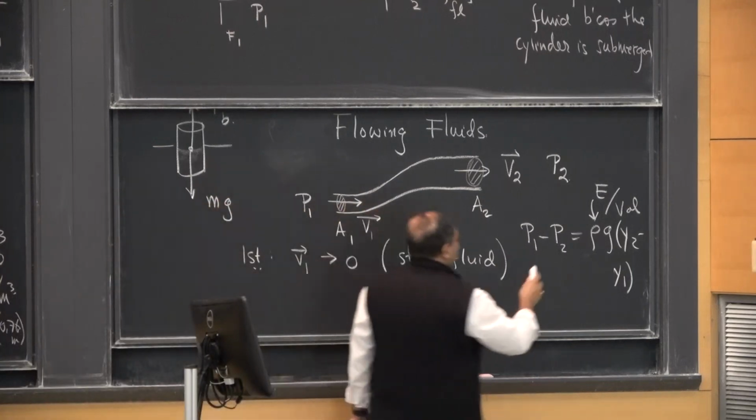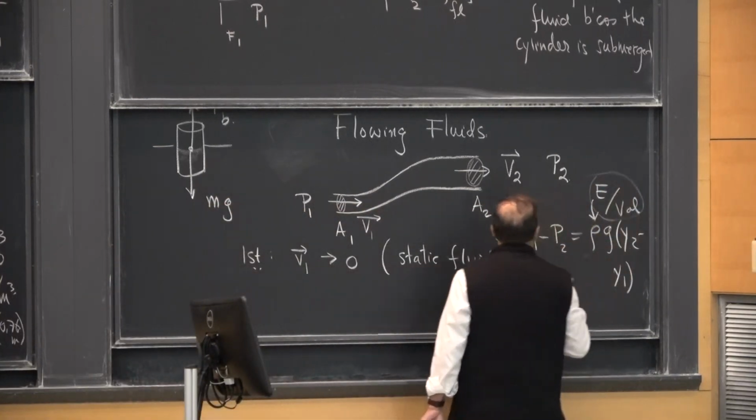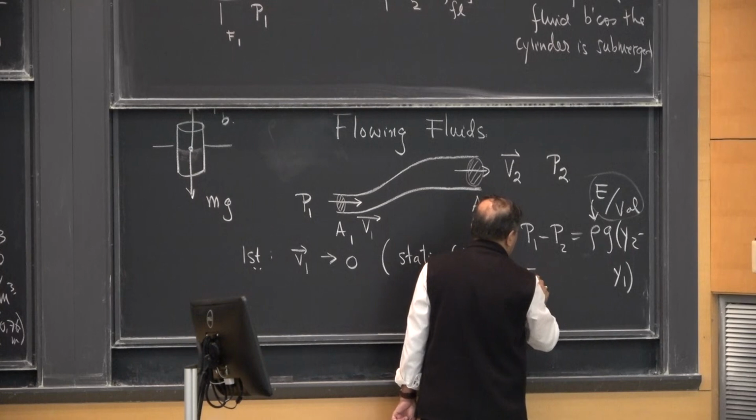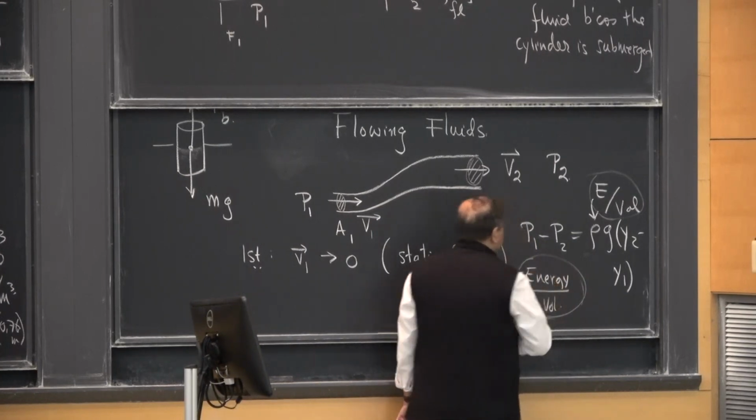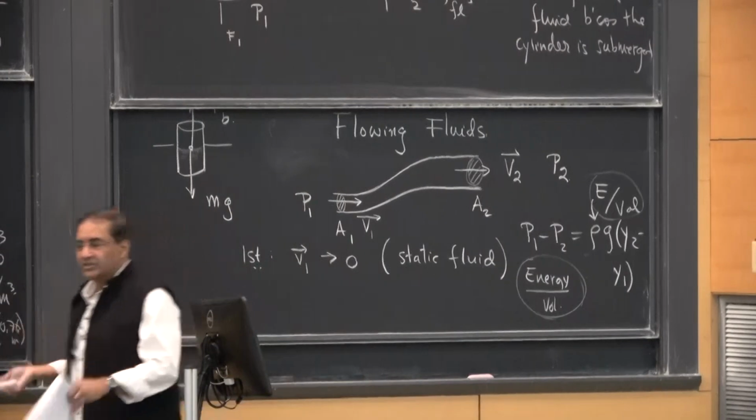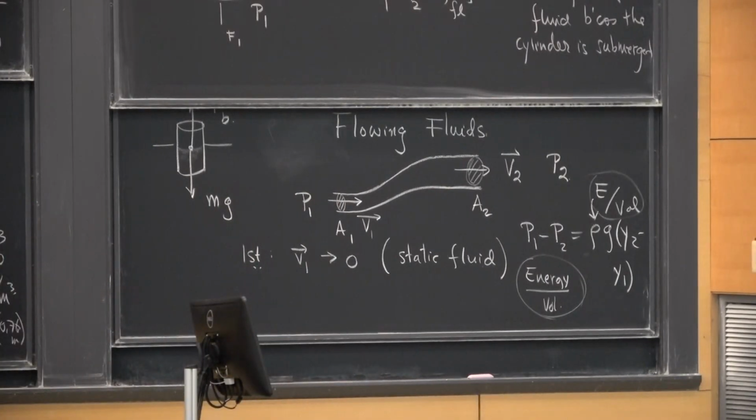So if the unit here is energy divided by volume, then pressure also must be, in terms of unit, energy divided by volume. You can actually check it out, and you will find that pressure has the exact same units as energy divided by volume.